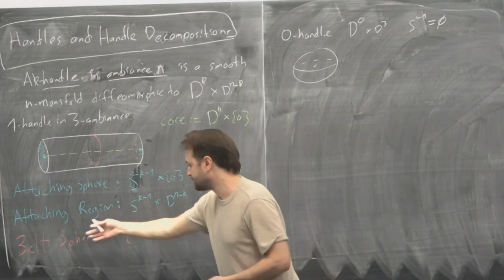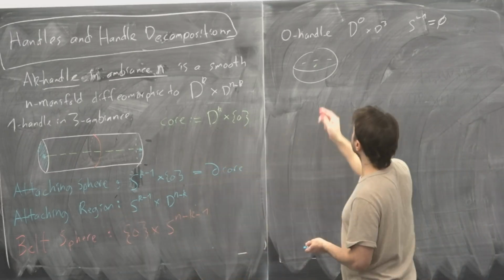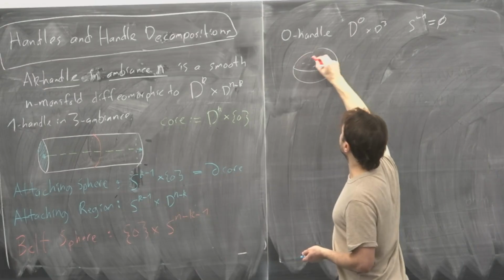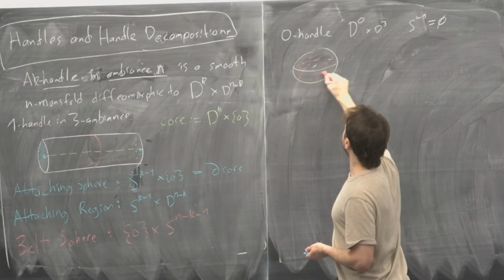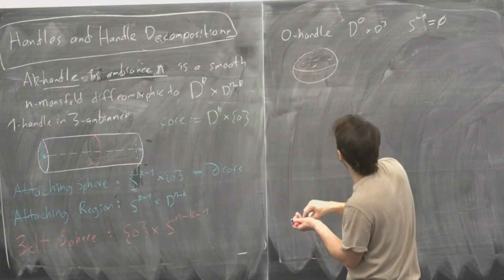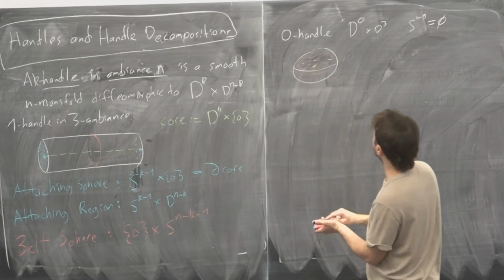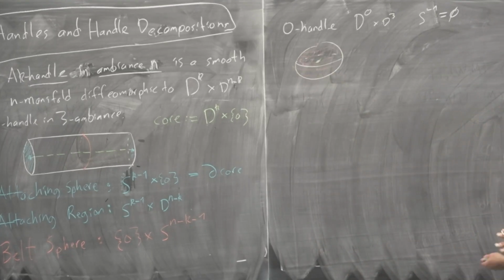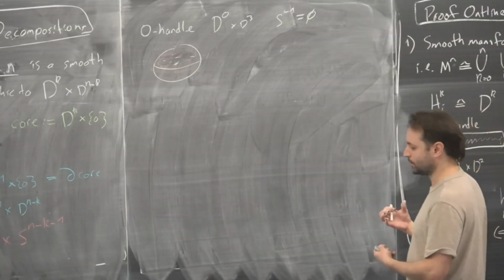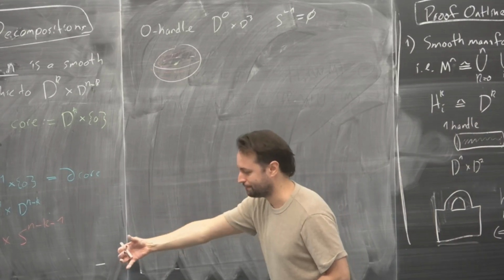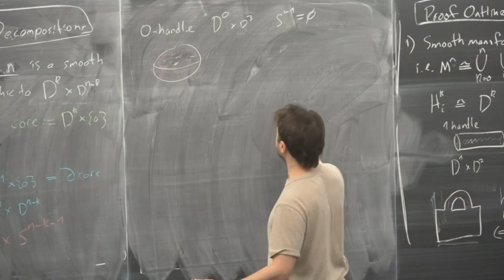It's the belt sphere that we find on the entire boundary. The belt sphere is the boundary, and the core is still sitting there. So for a 0-handle, there's no attaching sphere and no attaching region. When you attach a 0-handle, all you're really doing is taking a disjoint union.